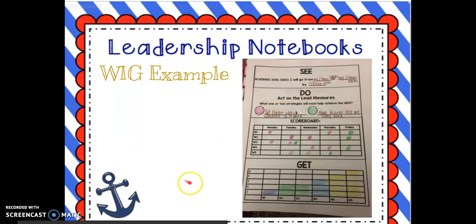So you can see when they have the pink, those are action steps, and the green dots are action steps, and then we get the results. And then same thing, they add a scale to their fish. They get to put their WIG fish up, ring the goal bell, whatever they choose to celebrate by.